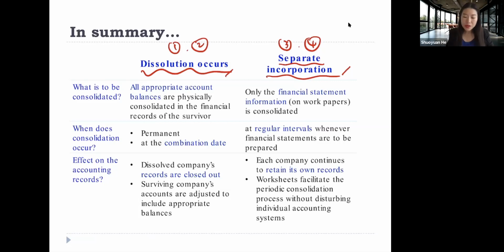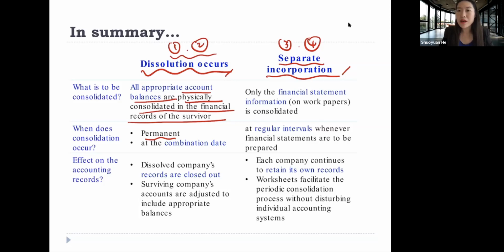So if it is in the situation of 1 and 2, when dissolution takes place, how do we apply the acquisition method? In this situation, for the dissolving firm, all of the account balances are physically consolidated in the financial record of the survivor. So we permanently close out the dissolving firm's financial record at the acquisition date and move them all to the survivor firm's book.